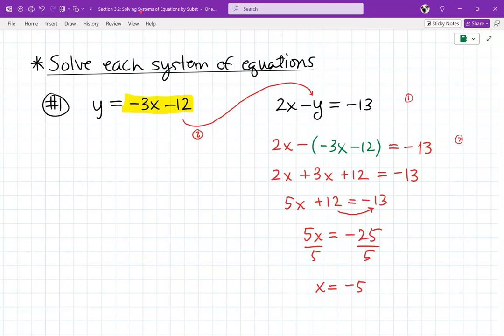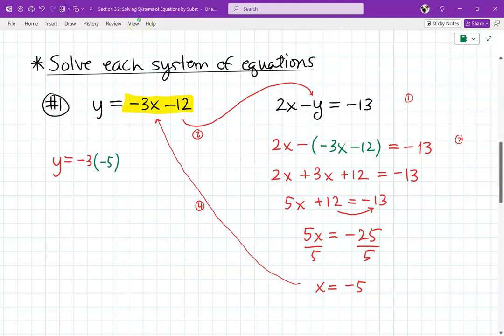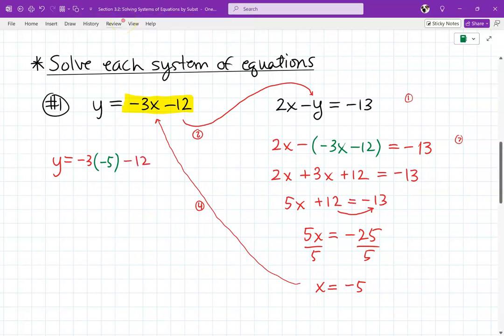That's step 4. Okay, this is step 4. So you can see why I do this vertically. I'm just going to do the work to the side of that. But here we go. y equals negative 3 times negative 5 minus 12.